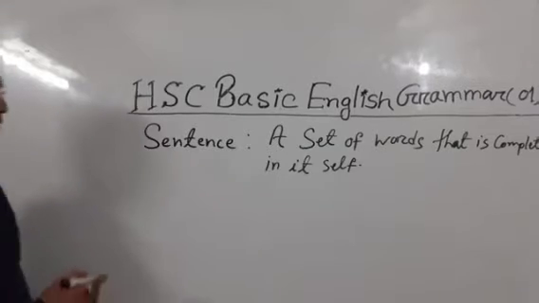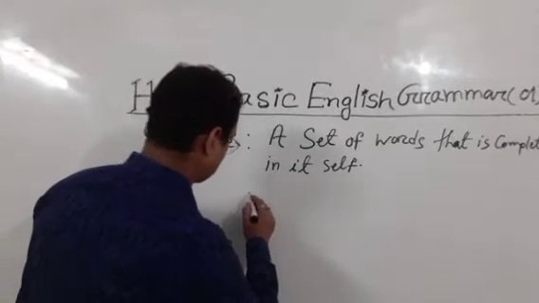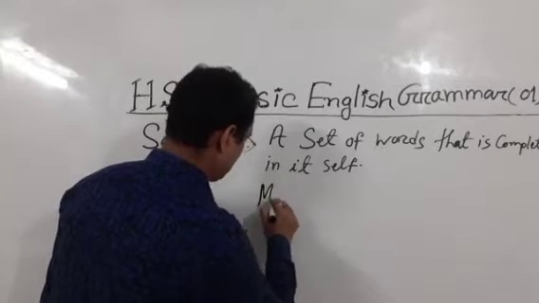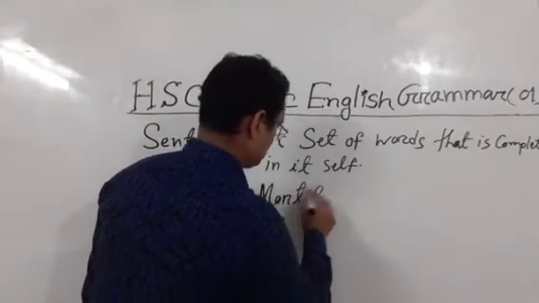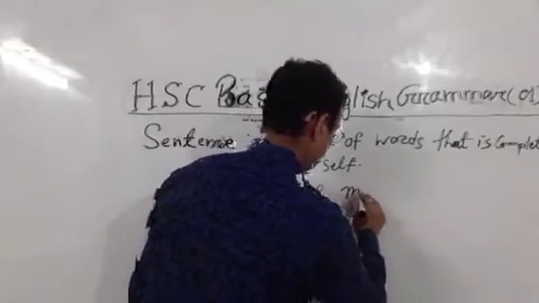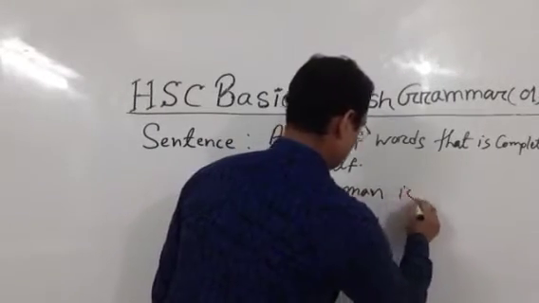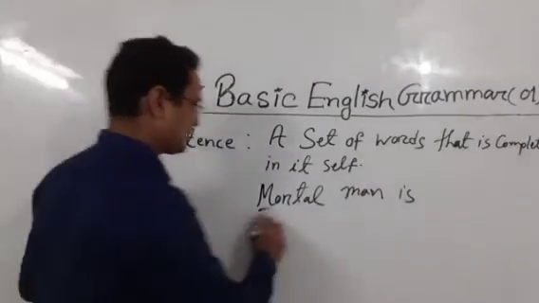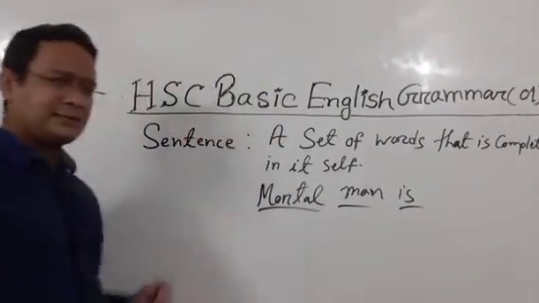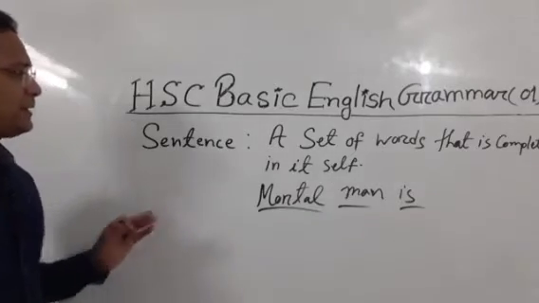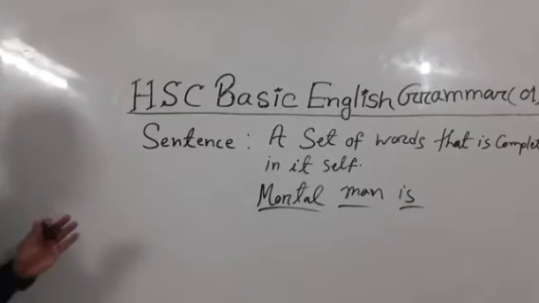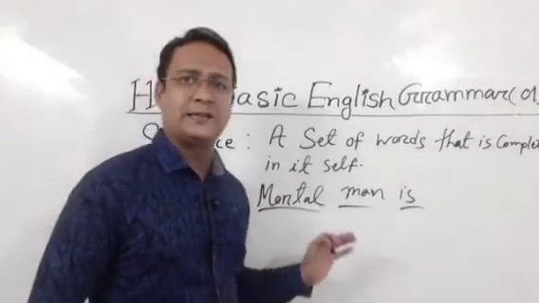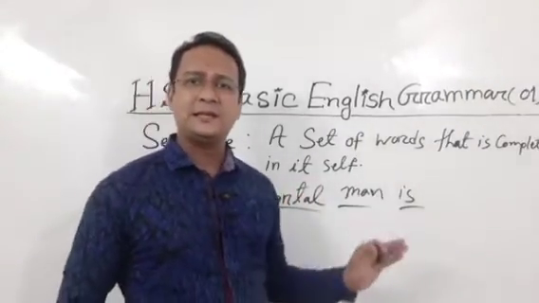Suppose we write a few words like this: mortal, man, is. Is it a sentence? Here is a group of words: mortal man is. So why is it not a sentence? Because an English sentence must follow first subject, then verb, and then object.